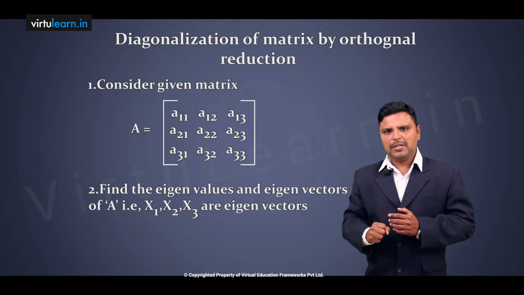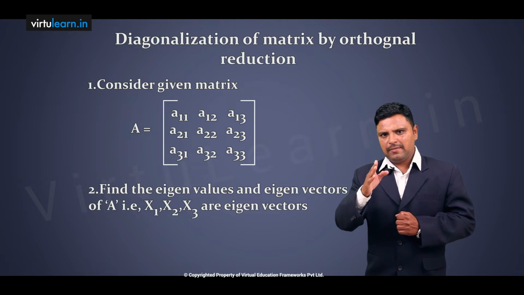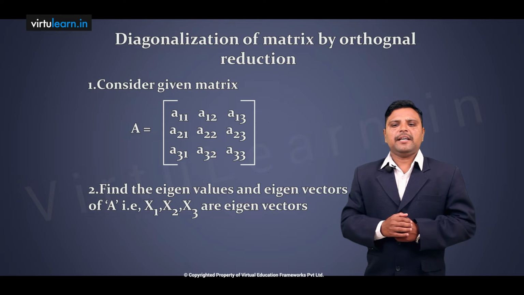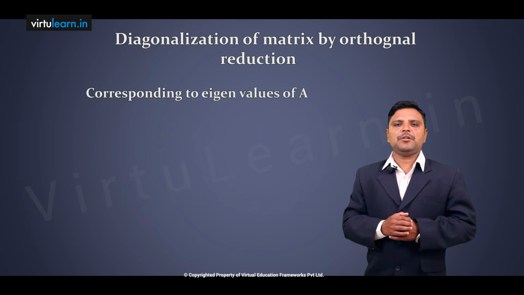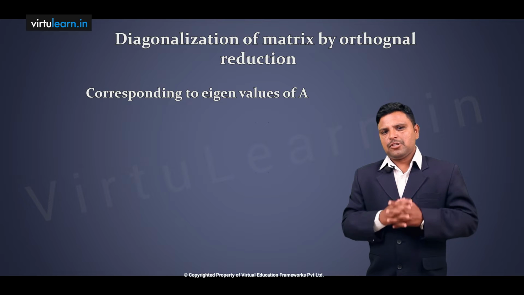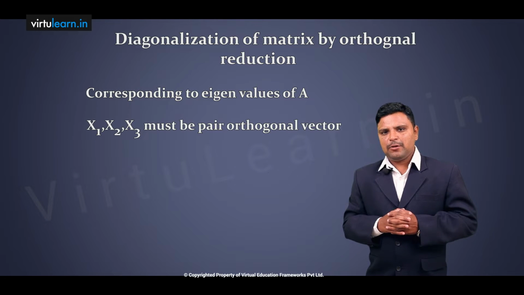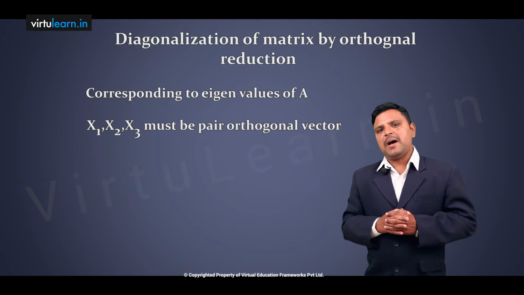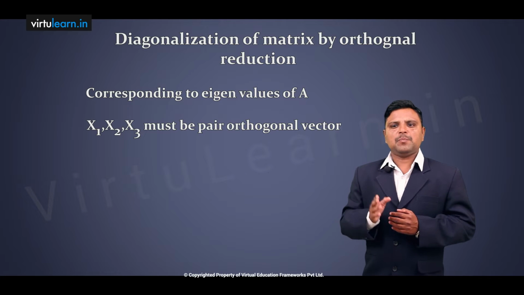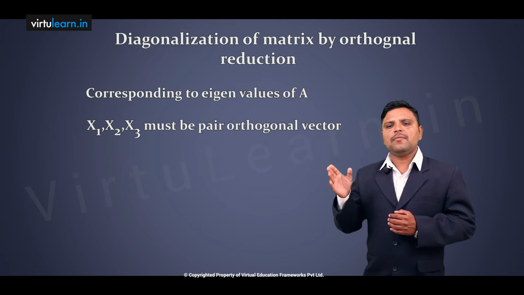Using that concept, you have to calculate the eigenvalues and eigenvectors of the matrix A, that is, x1, x2 and x3 are the eigenvectors of the matrix A corresponding to the eigenvalues of A.